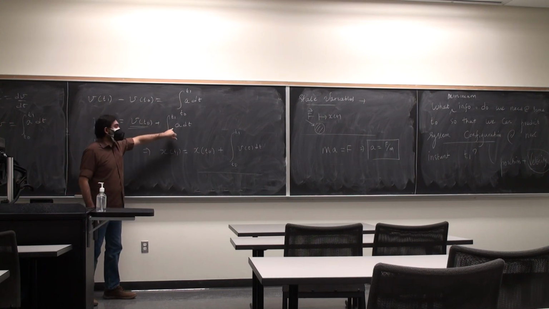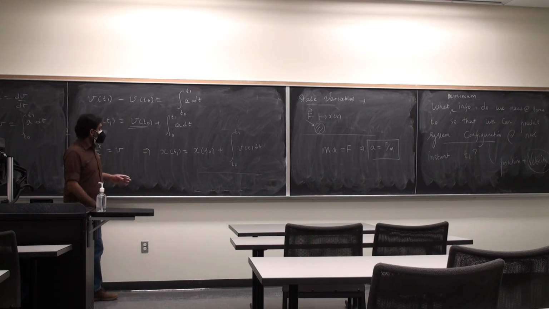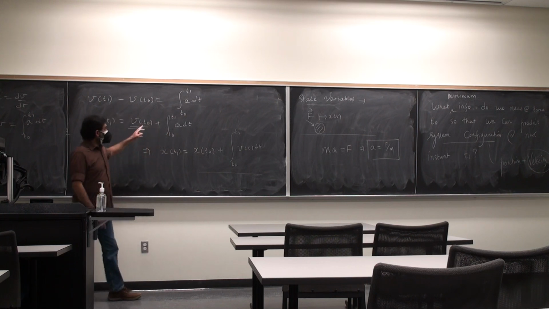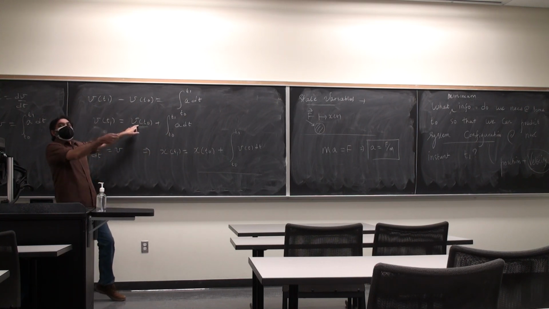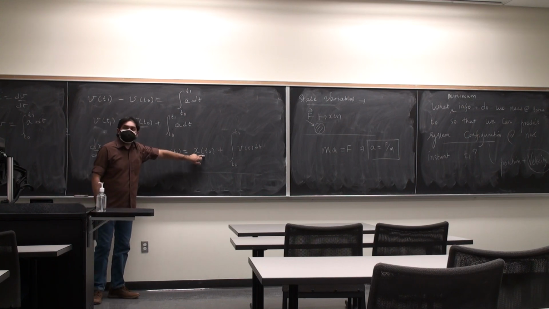And then this comes from Newton's law and some integration. So there are three things I need to know. Newton's laws or the framework for solving systems of equations, which is Lagrangian or Newtonian mechanics. Then I need to know the initial velocity or the velocity at the previous time instant. And I need to know the position at the previous time instant.